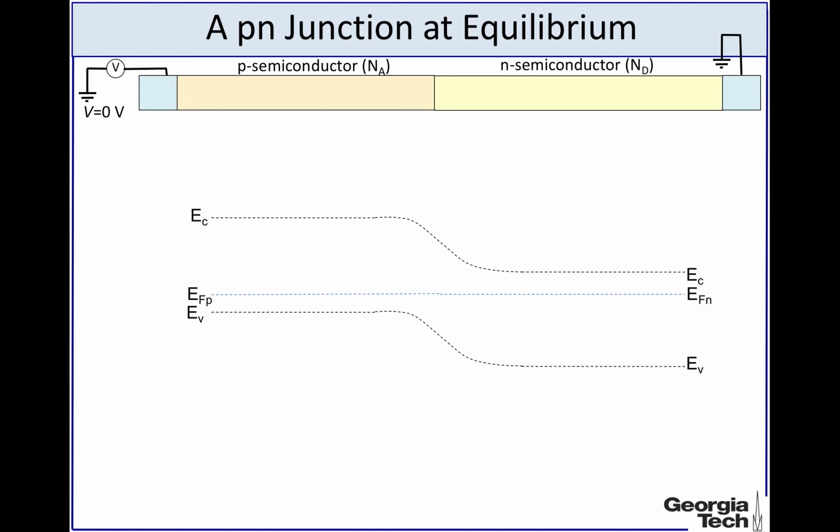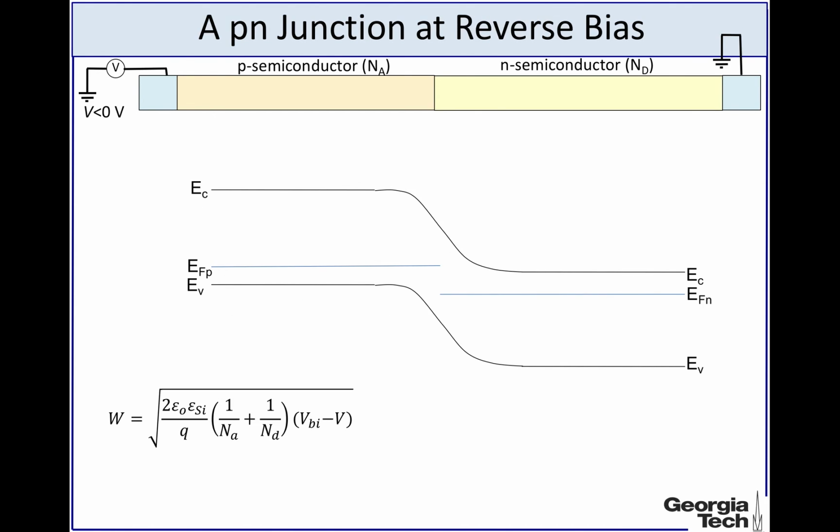And in terms of the band diagram, what will happen is that the Fermi levels in the n side and the p side will no longer be lining up. Rather, there will be a gap between them, and this gap is again QV.